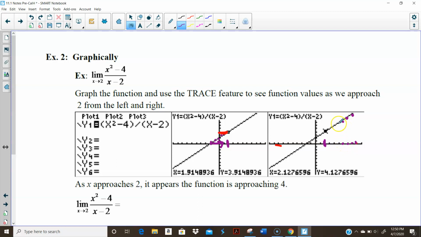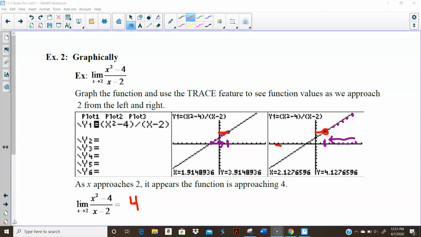And as I am moving in towards x equals 2, what is f of x approaching? And if you look here, even though we're undefined here, f of x is approaching 4. So the limit as x approaches 2 of x squared subtract 4 over x minus 2 is equal to 4.